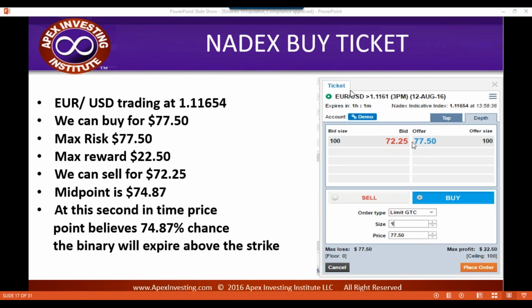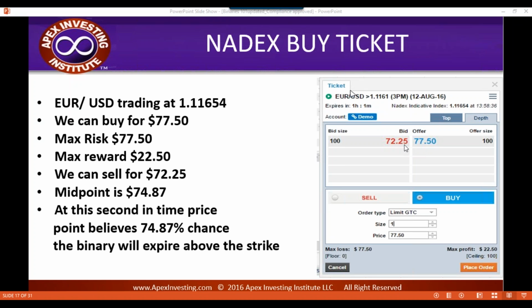So at this particular second in time, the price point believes that there's a 74.87% chance this binary will expire above the strike price. So technically, Myron says, well, the buy side has a higher probability. Yes, from a price standpoint alone, yes.